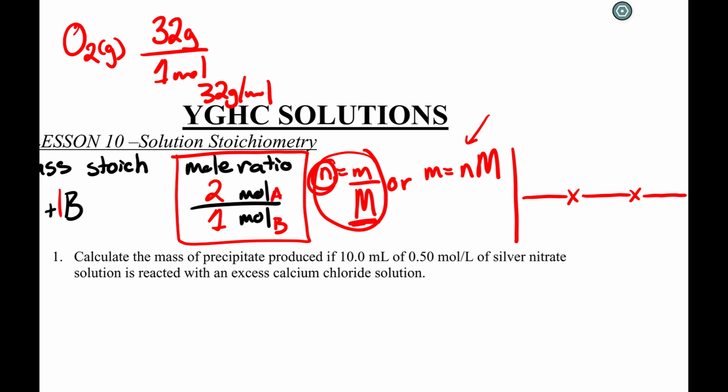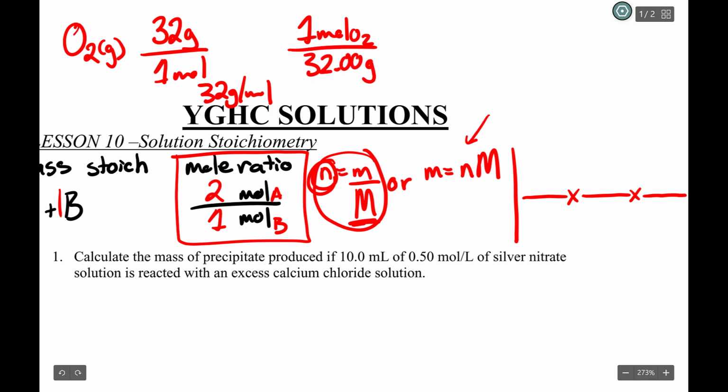It could also be written as for every 1 mole of oxygen, I have 32 grams of oxygen. And then simply, I have to get rid of this unit of the gram. So I'd say, all right, I've got 5 grams of oxygen. How many moles is that? That cancels out the grams, and I'm left with the unit of the mole, because a mole times nothing is a mole.